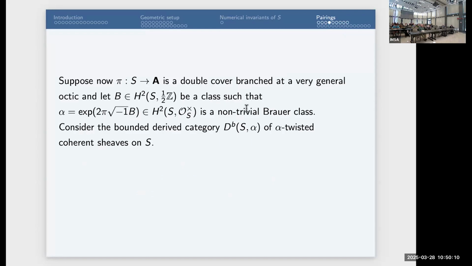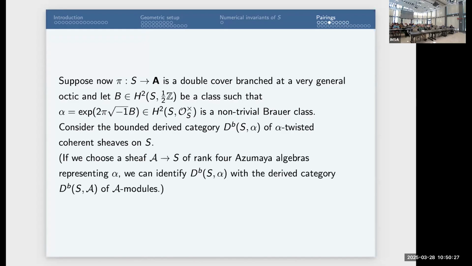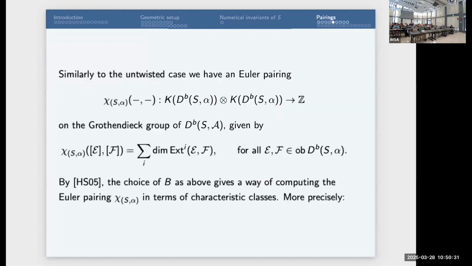Suppose that pi is not branched over a very general sextic. Let B be a class with an exponential component, and we're assuming that it's not dependent on the choice. Consider the bounded derived category of alpha-twisted sheaves on this, or as a Brauer class model.